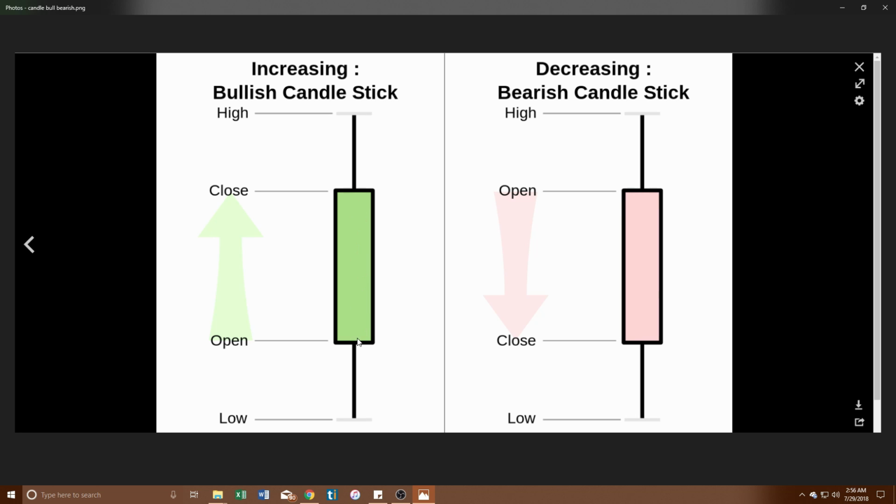Now a bearish candle is the same thing as a bullish candle, but just the open and the close are opposite. That's the only thing. So the open on a bearish red candle is at the top, and as price moves down, it turns red, and price closes at the bottom right here.